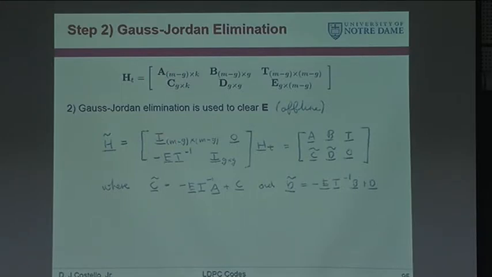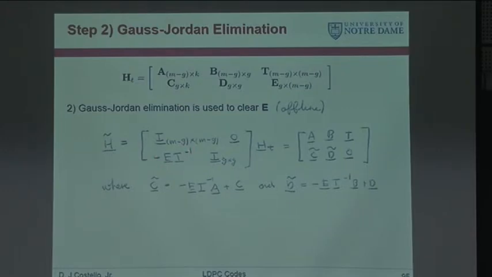So we multiply this thing by an H tilde, which is of this form, which has a first row which is an identity, m minus g by m minus g identity, and then 0. And what that's going to do when we multiply it by H sub t is leave the first row unchanged, A B T. The second row it's going to change.